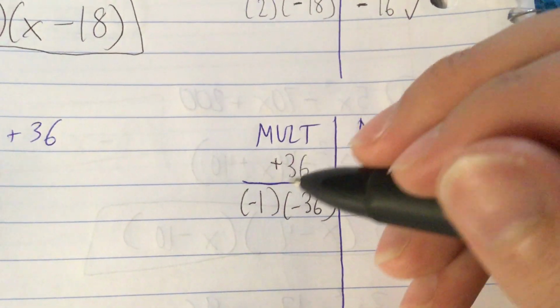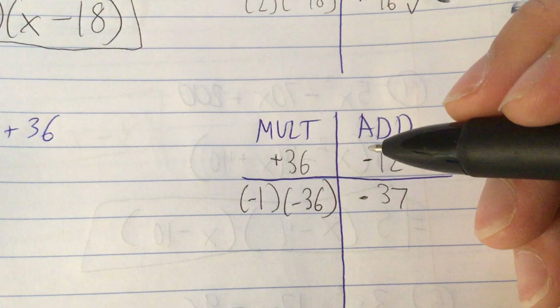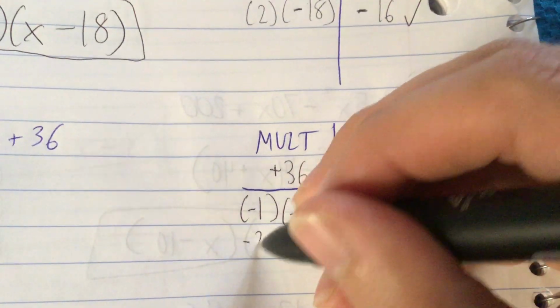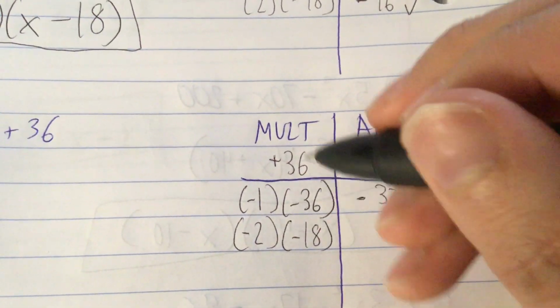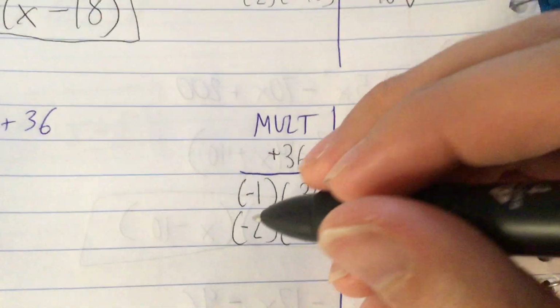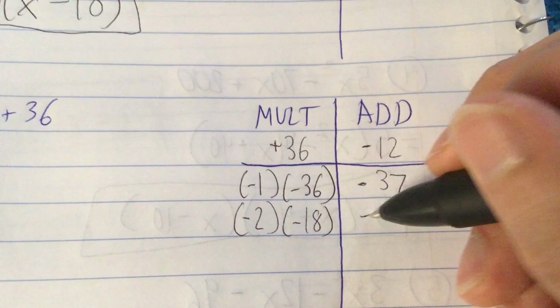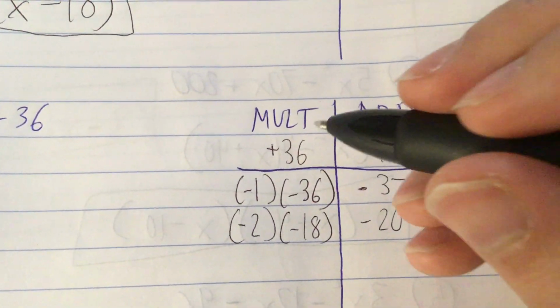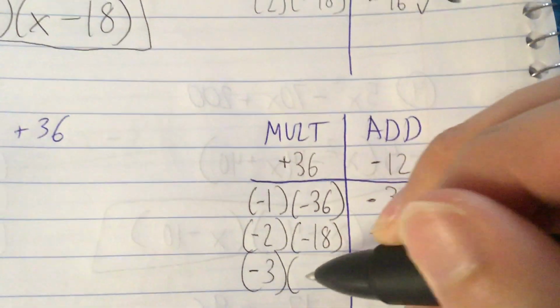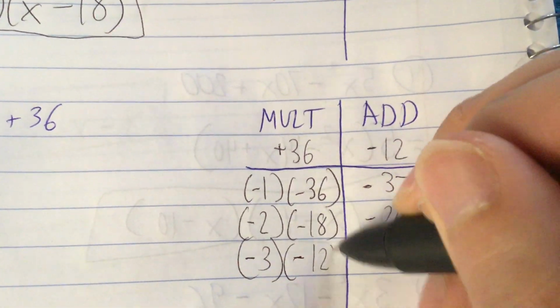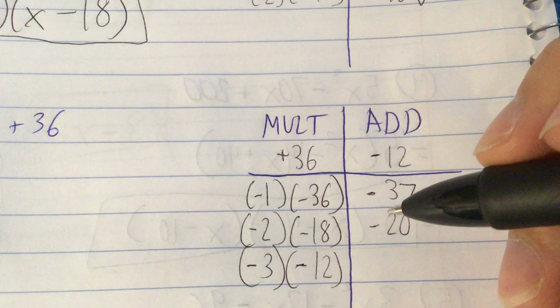So we have to try other options. In particular, can I divide by 2? Yeah, let's try negative 2, negative 18. Negative 2 times negative 18 is positive 36. Negative 2 plus negative 18 is negative 20. Right. Divide by 3. Negative 3 times negative 12 is positive 36.